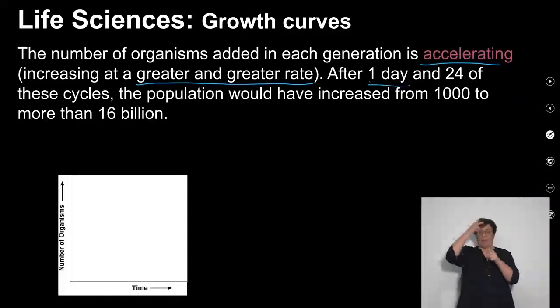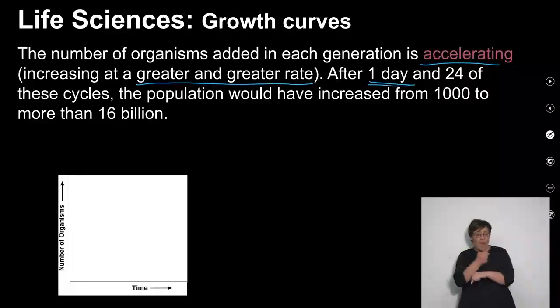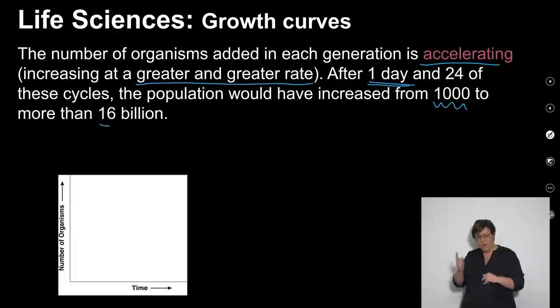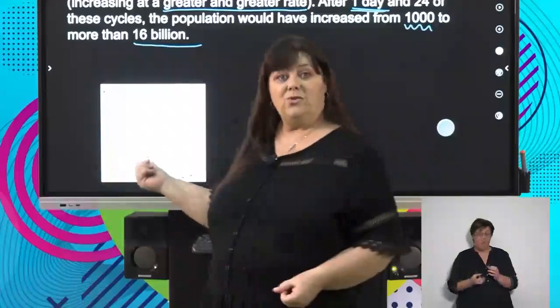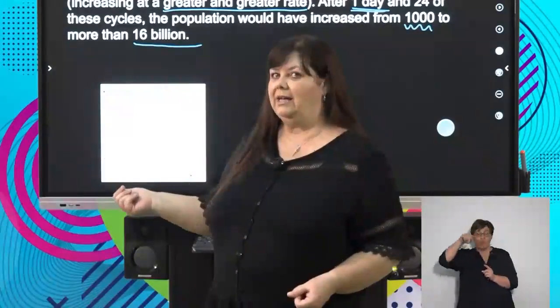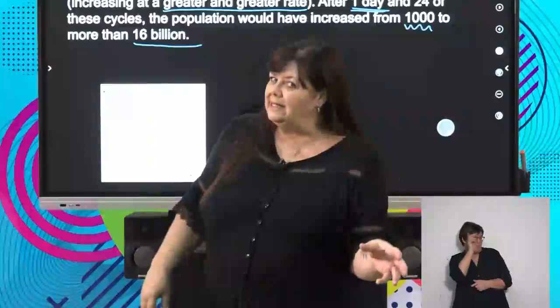After 1 day, in other words, 24 hours, what started as a population of 1,000 bacteria will end up at around 16 billion bacteria. What does your growth curve look like? What did you predict?